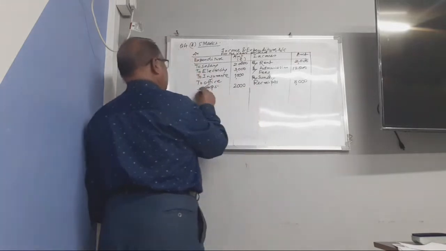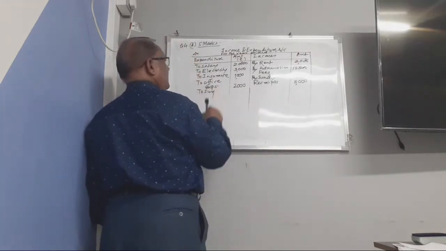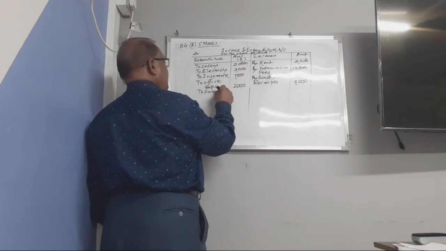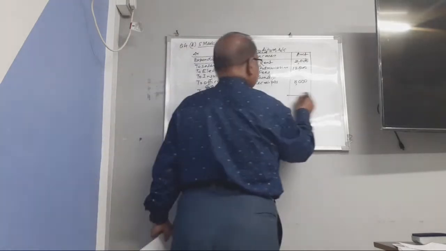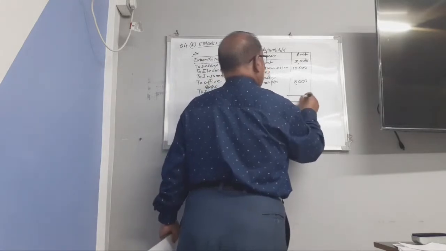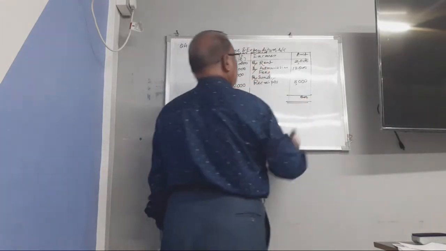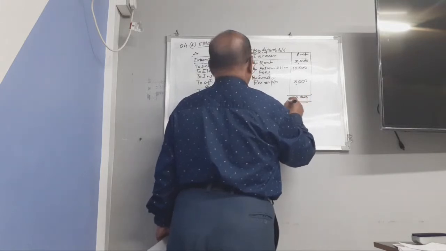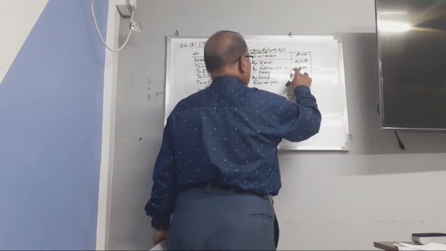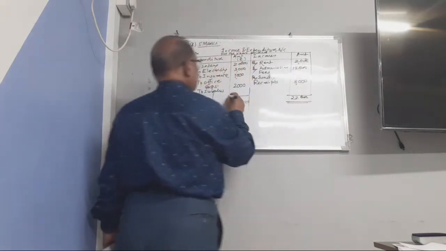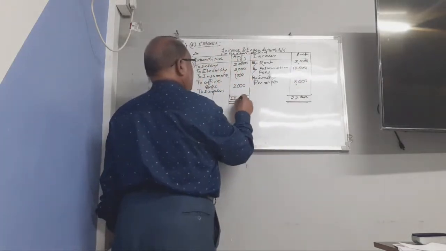You will get a surplus here because the credit side is heavier. The total of the income side comes to 22,000, and we put the same 22,000 on the left side.